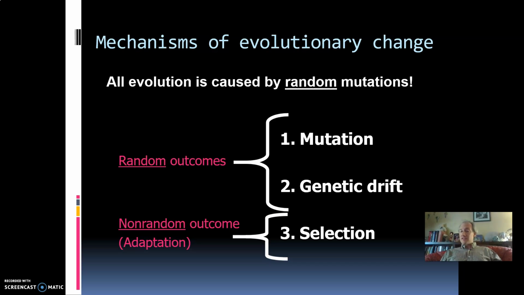In genetic drift, it's dependent on what happens and where the organisms are. So we can't predict the outcome. But in Darwinian evolution and selection, whether it's natural selection or species selection or human selection, we have an outcome that is perfectly predictable, generally predictable. We get adaptation. And this is really why Darwin is so, so important to biology.